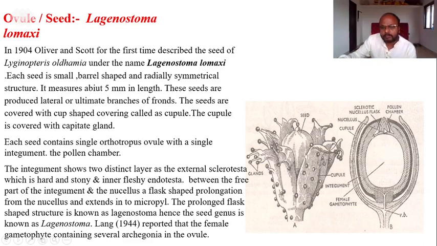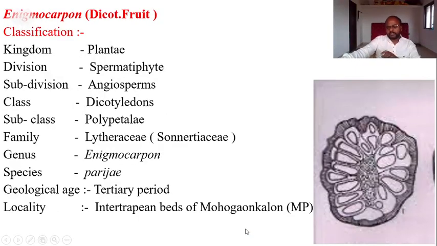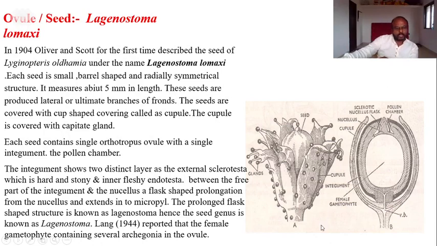This prolonged flask-like structure is called the Lagenostoma, and therefore the scientists gave the name Lagenostoma. In 1944, another scientist, Lab, reported that the female gametophyte contains several archegonia inside the ovule. So this is called Lagenostoma lomaxi.